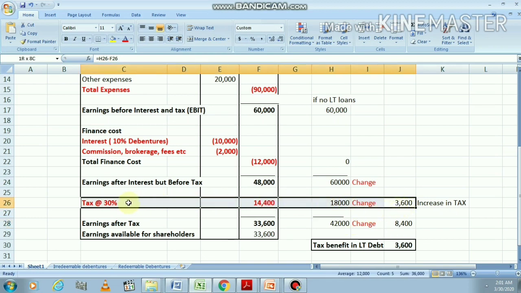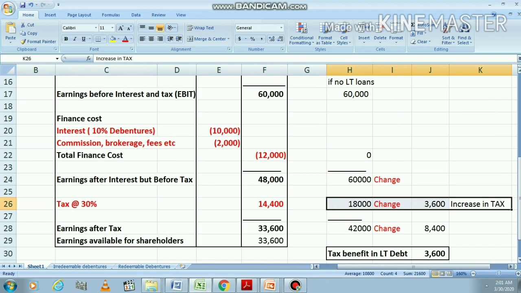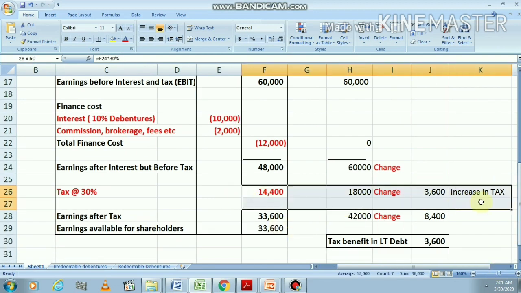Now we can see that the tax has increased by 3,600 due to the non-debt scenario. By this we can understand that the interest is considered here as an expense, which further will give a tax benefit to the company. So the interest payment gives a tax benefit.